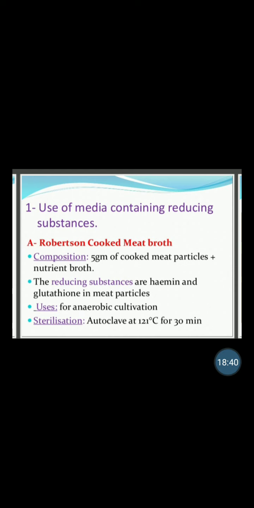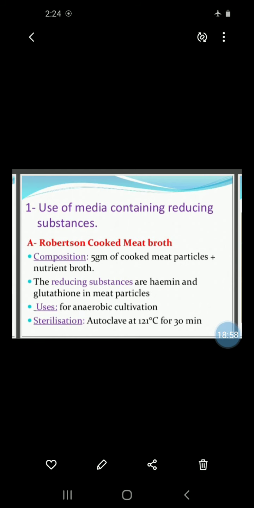First, Robertson's cooked meat broth, we will see the composition of this. It contains 5 gram of cooked meat particles plus nutrient broth. The reducing substances are hemin and glutathione in the meat particles, and it is used for anaerobic cultivation.